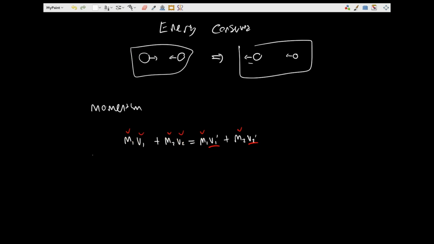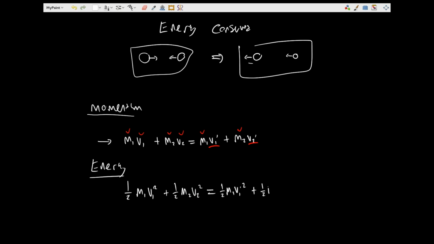So let's look at energy. So as we just said, energy is conserved. And since energy is conserved, that implies momentum is conserved, so we're justified in using the momentum conservation principles. So let's take a look at energy. 1/2 m1 v1 squared plus 1/2 m2 v2 squared equals 1/2 m1 v1 prime squared plus 1/2 m2 v2 prime squared.